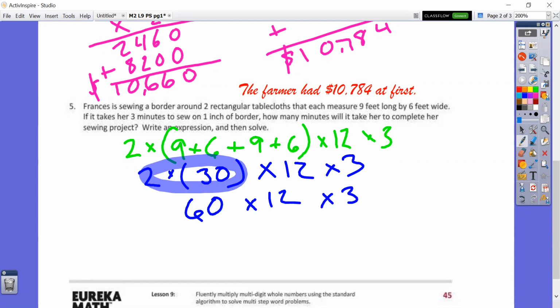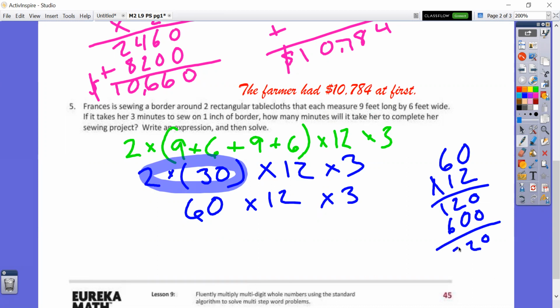Well, let's go ahead and just do 60 times 12. 0, 0, and then we're in the tens place. We have, whoops, I messed up on the first part. 0, 12, and then 1 times 0 is 0, 1 times 6 is 6.